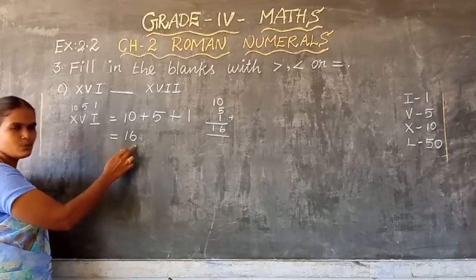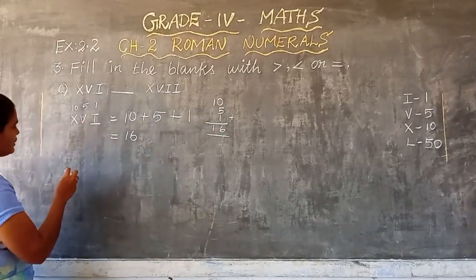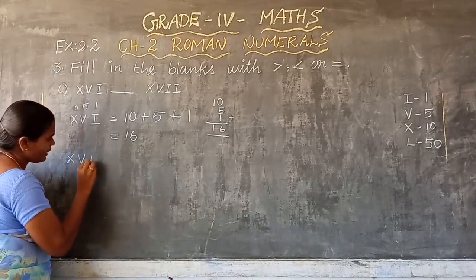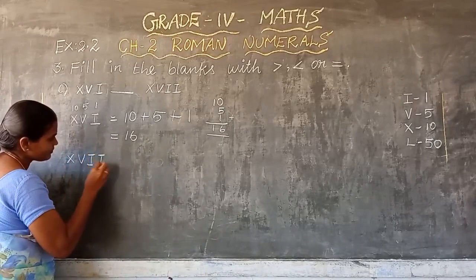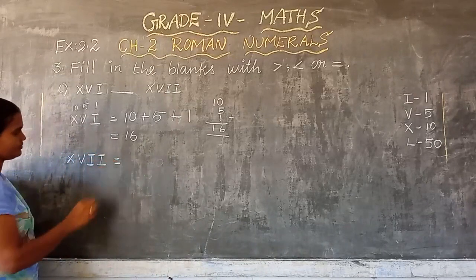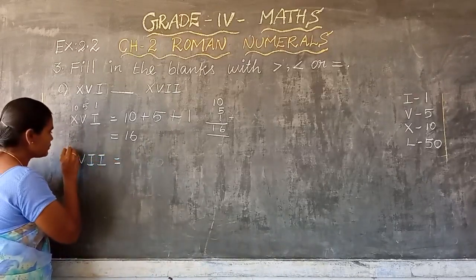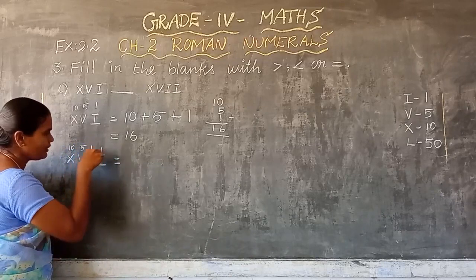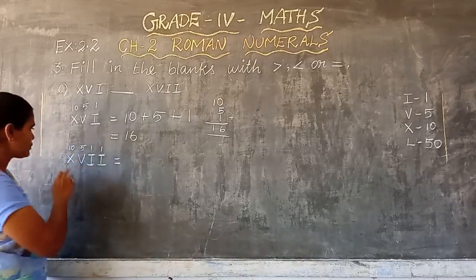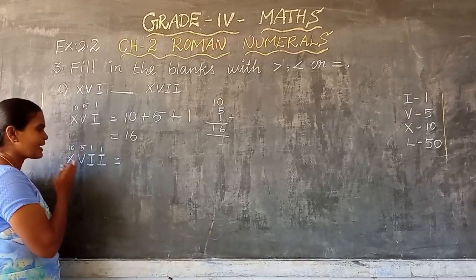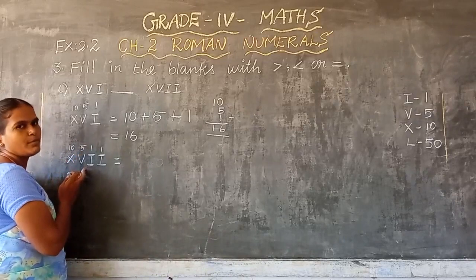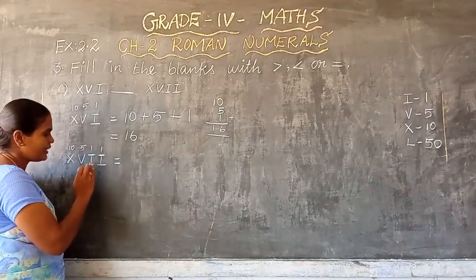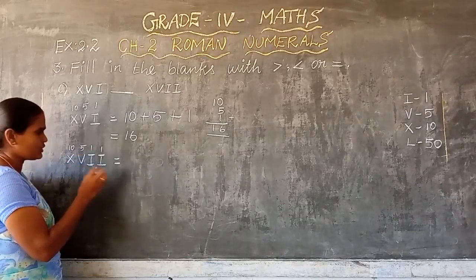XVI equal to 16. Next, XVII. So X value 10, V value 5, I value 1, I value 1. Here the greater number, right side we have the small number, so addition. Repeated means addition only.